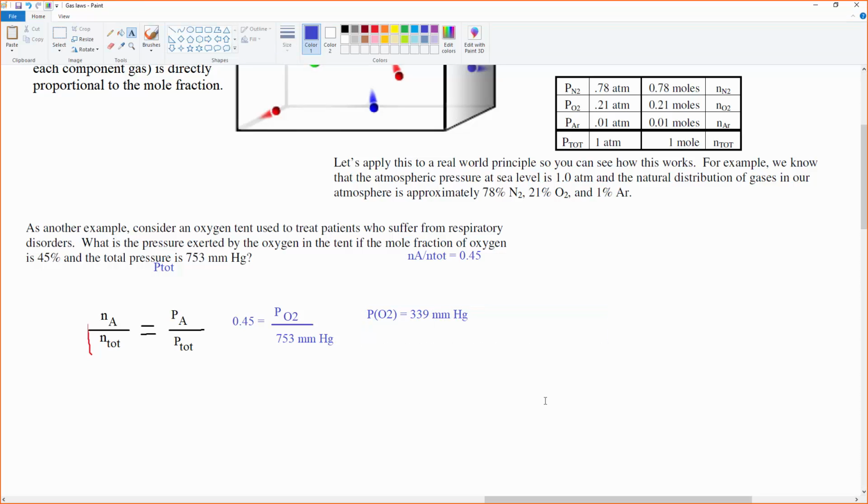It doesn't need to be in atmospheres. Erica asked, does it need to be in atmospheres? As you'll see, it doesn't matter whether I'm in millimeters of mercury or atmospheres, so long as I'm consistent. Because this was in millimeters of mercury, the answer is going to be in millimeters of mercury too.